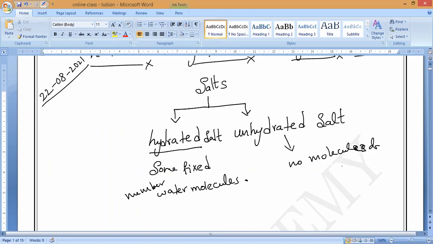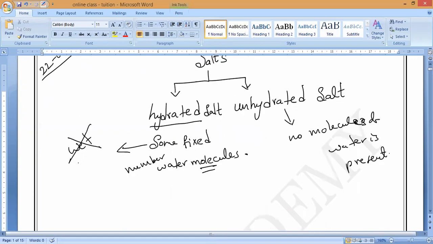Sir, if water molecules are present, does it look wet? No, it does not look wet. We can identify hydrated or unhydrated only based on color, as was taught in the last class.